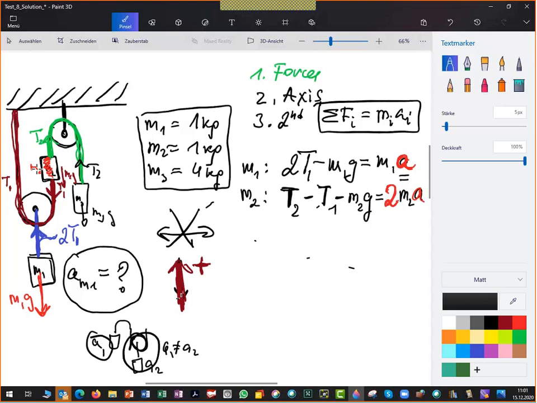Finally, we are ready to write this equation for the mass M3, which is the simplest one. M3G minus T2 results in, again, please remember we are dealing with doubled acceleration as compared to M1. So that's why, again, also here we have 2.